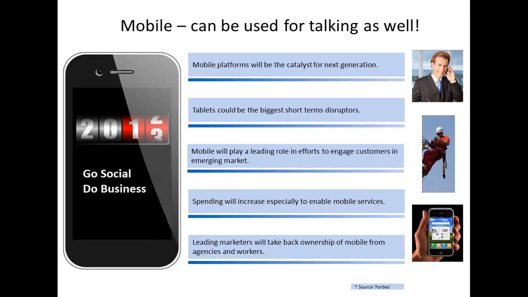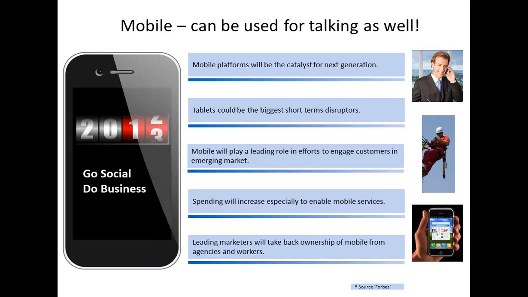First, mobile platforms will be the catalyst for the next generation, which means we need to rethink our product offerings and create new engagement scenarios in terms of mobile platforms.